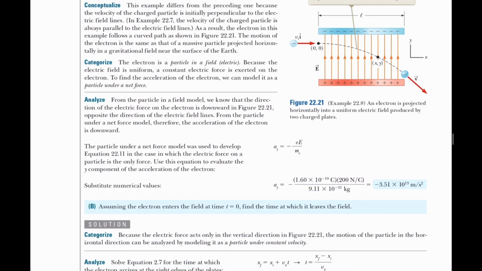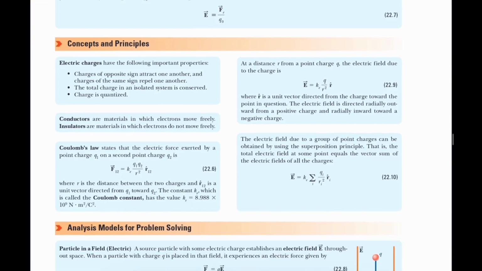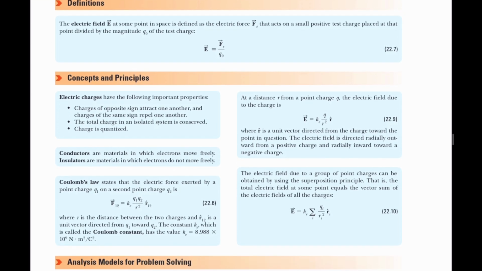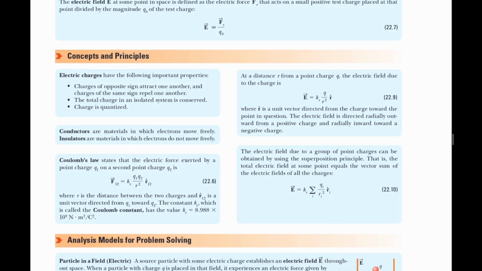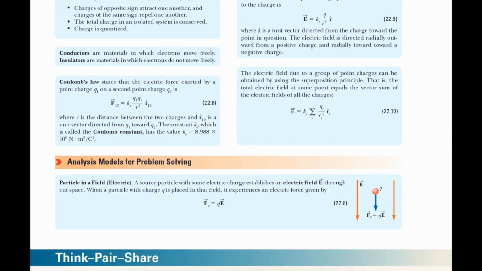Yeah, I hope that was helpful. Take a look at some of these problems. Take a look at the end of the chapter. This is pretty much what I looked at to create a little study guide for this chapter. I think it's pretty helpful. It's kind of like an equation sheet. We got electric charge and some of its properties. We got some stuff on conductors and insulators, which I haven't talked about at all in these videos. And some other stuff that I spoke about.